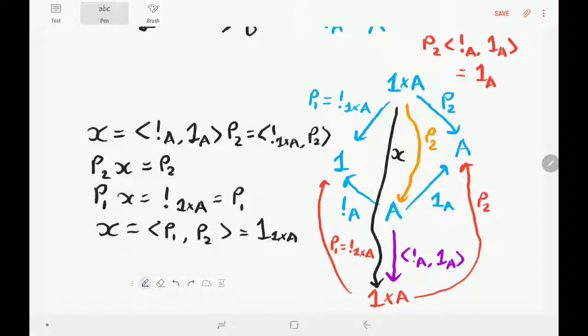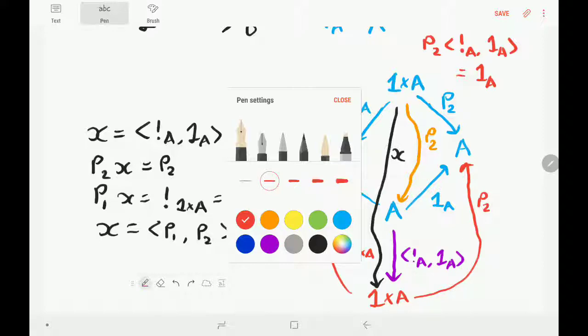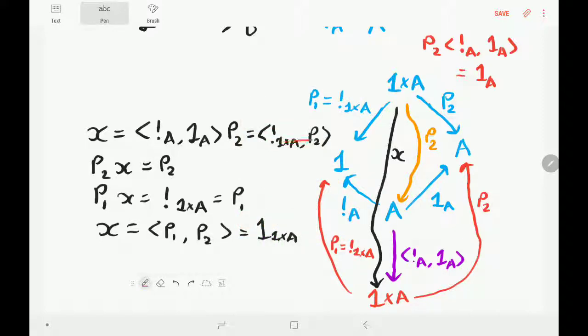So we can rewrite this as exclamation mark 1 times a, comma p2, because when we compose p2 before 1a, we just get p2. And when we compose p2 before this arrow to the terminal object, we just get another arrow to the terminal object, but this time it comes from 1 times a.